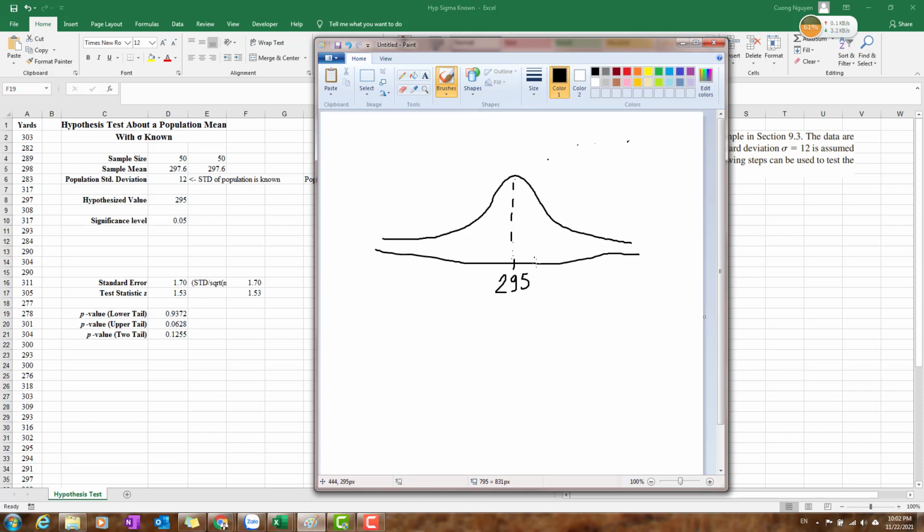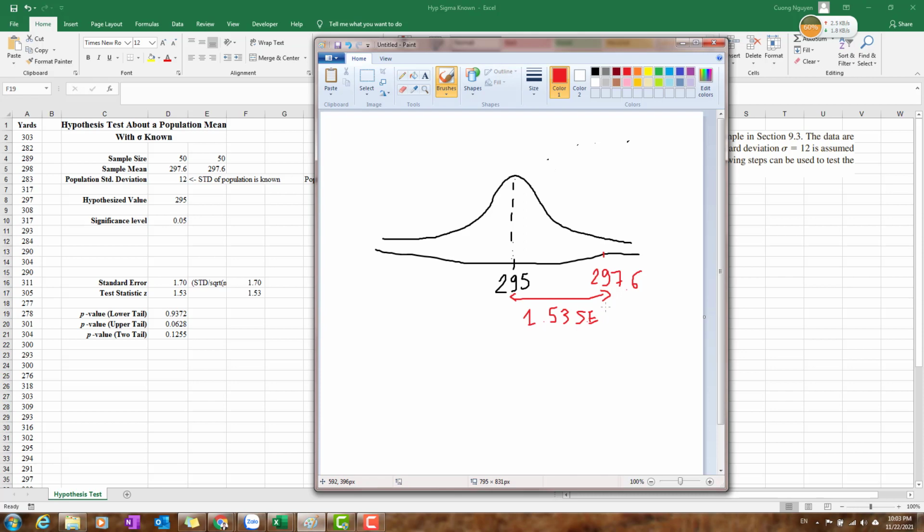I will change the color a little bit. The 297.6, based on the test statistic of z, is far away from the center of 295, by 1.53 times the standard error.